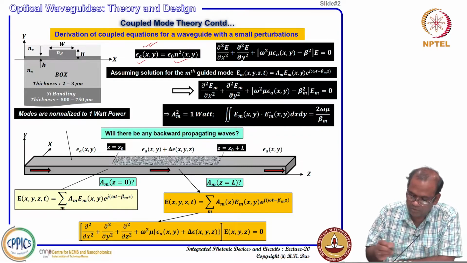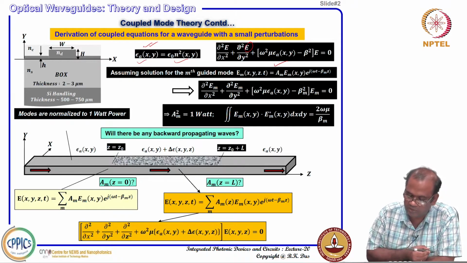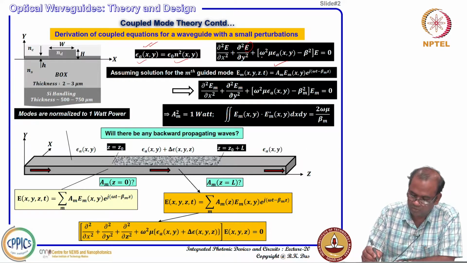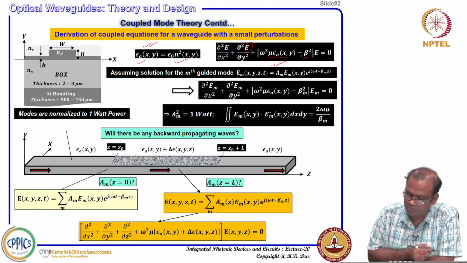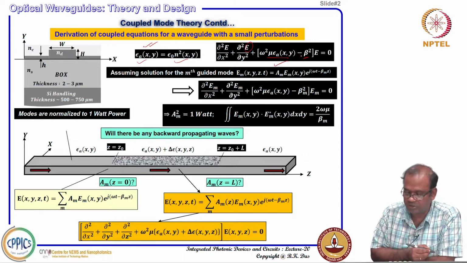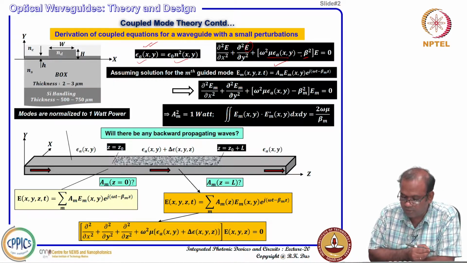And then for this scalar wave equation, E is the dominant electric field component, and omega square mu epsilon A comes here, and beta square is an eigenvalue, or the propagation constant, that has to be solved from the eigenmode solver.